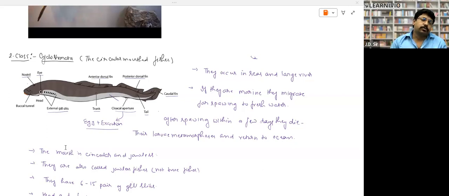They are not true fishes as jaw are absent. Next point.